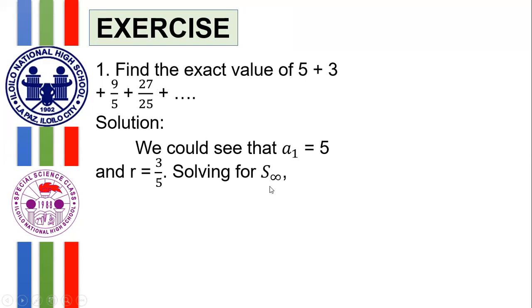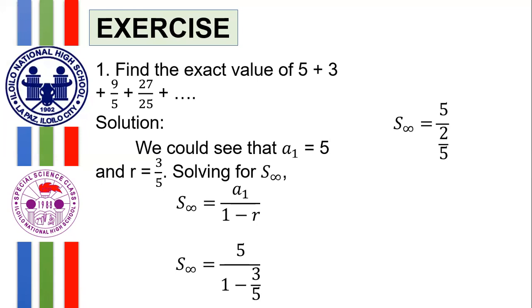Solving for S sub infinity, we have this formula again. That's S sub infinity equals 5 all over 1 minus 3/5. 1 minus 3/5 simplifies to 2/5. So we have this expression. S sub infinity equals 5 all over 2/5.